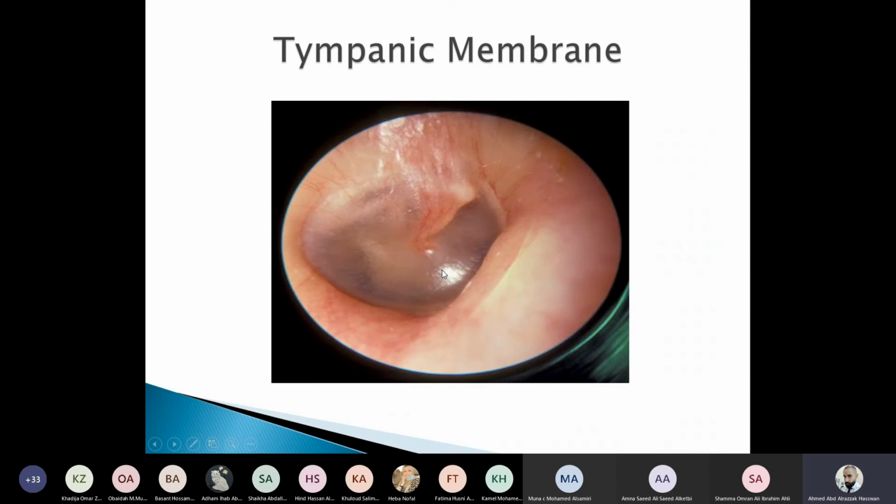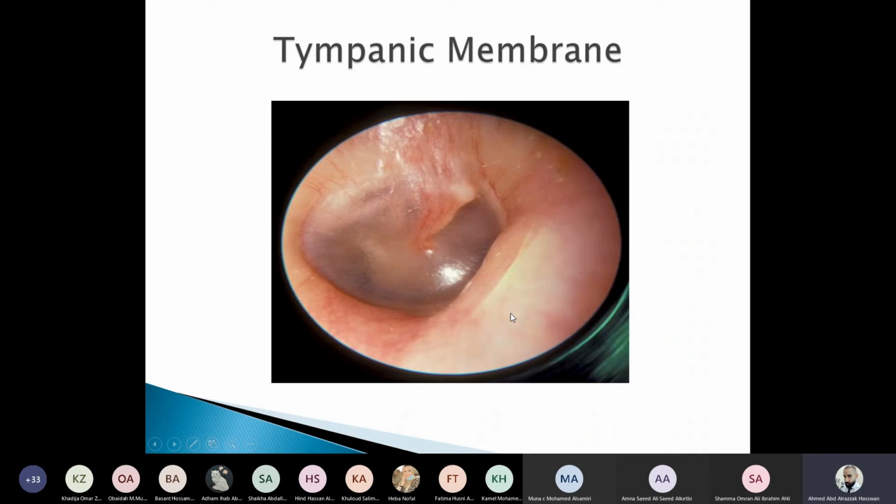In previous years, when we used to do it, and next week, inshallah, you can do otoscopy on each other, we found that in some of us the tympanic membrane is very transparent, so that we can clearly see all the ossicles of the middle ear. It was so interesting. So usually it should be transparent if it's normal.